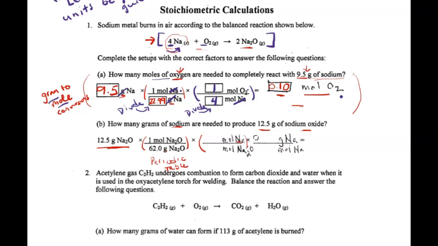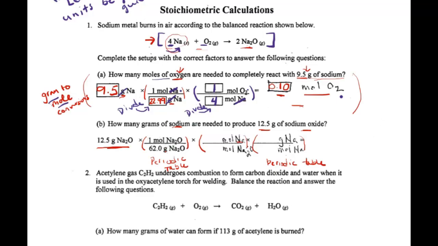And then the last conversion factor here is grams of sodium in 1 mole of sodium, and so that, again, is going to be from the periodic table. And again, let the units be your guide.